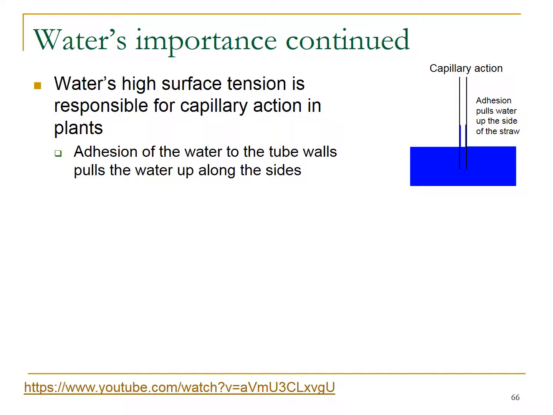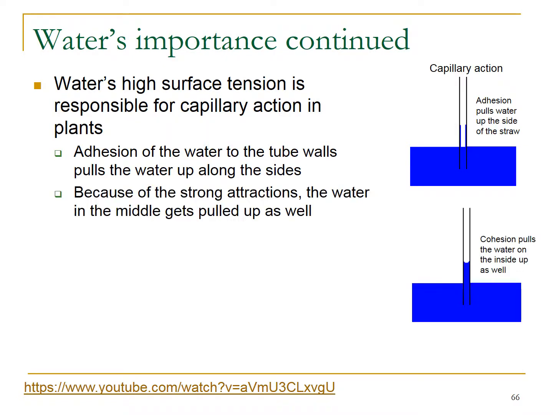Because of the strong attractions between molecules of water, the inside of the water gets pulled along as well. But you can see that you've got that meniscus, that curve forming, because the water is more strongly attracted to the straw on the edges.